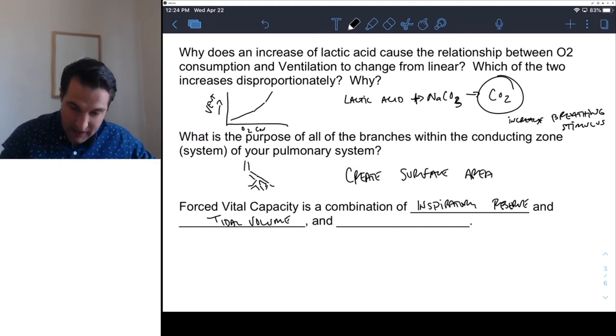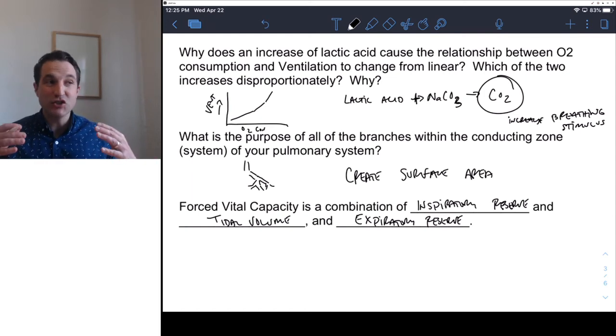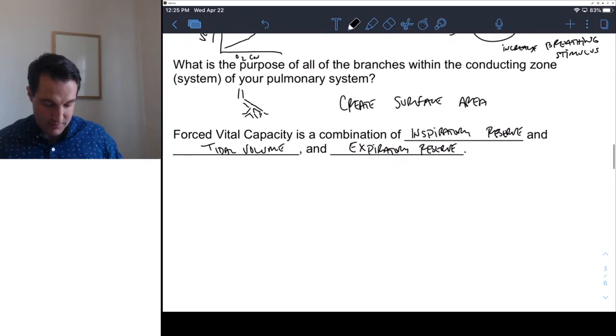And last, it's going to be expiratory reserve as well. Fantastic. So understand how each one of those different definitions plays into each other, and which ones equal others when we add them together. Understand how to do that for the exam next week.